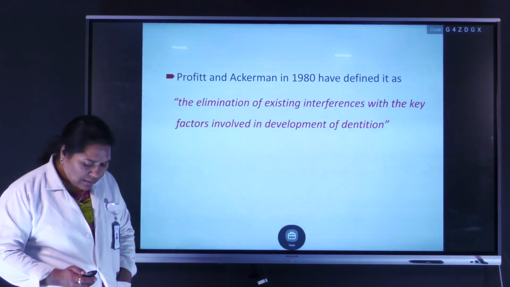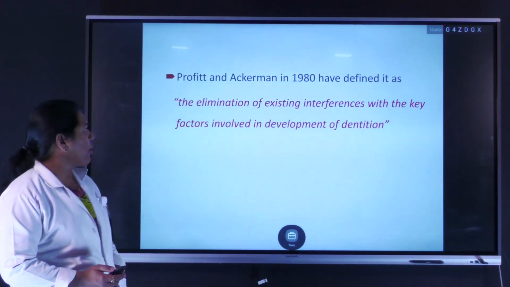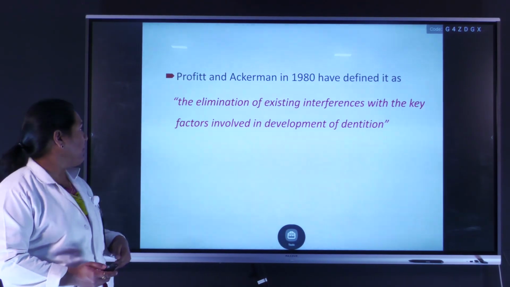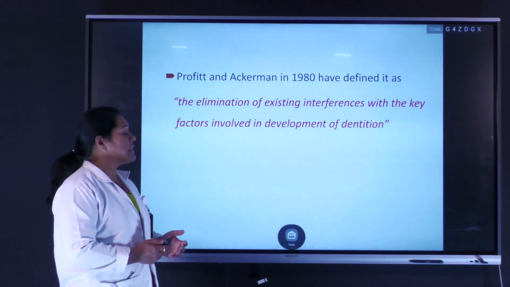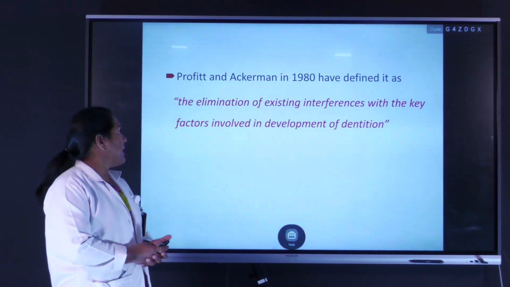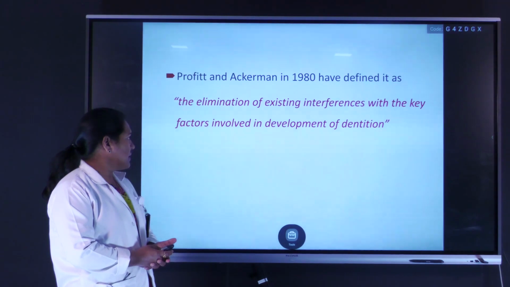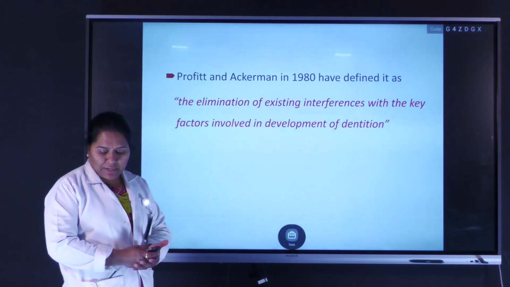Okay, there is another definition given by Ackerman and Profit in the year 1980. According to him, interceptive orthodontics is the elimination of existing interferences with the key factors involved in the development of dentition.